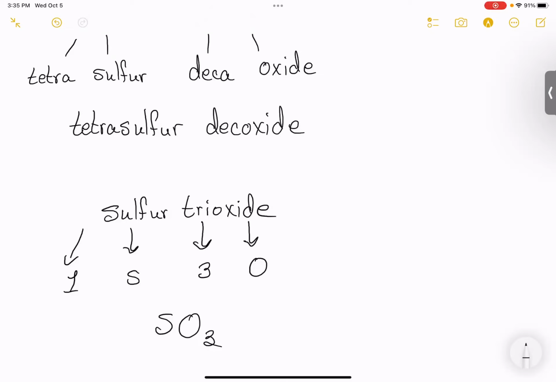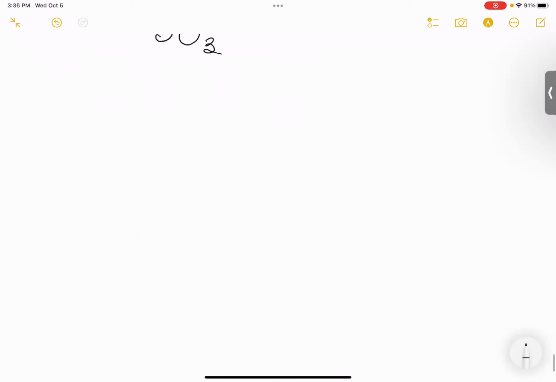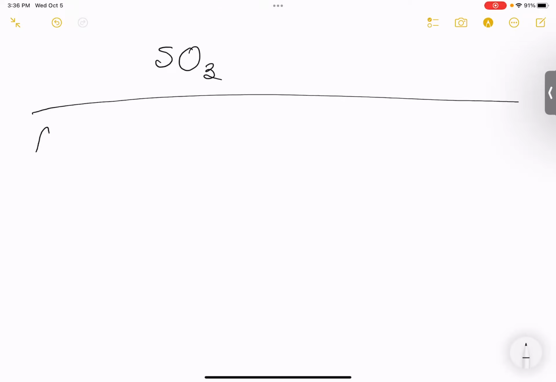Now we're going to get into acids. We are going to encounter 2 types of acids. We will have the binary acids, and we will have the oxy acids.